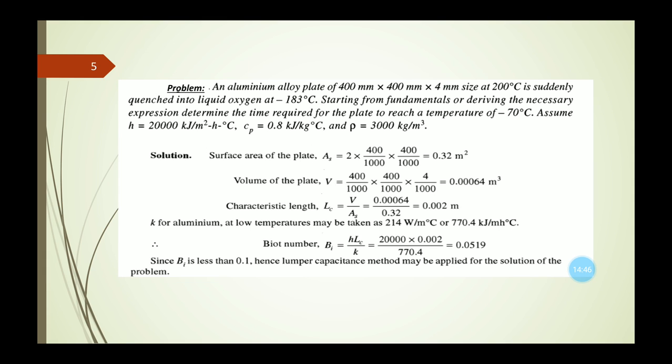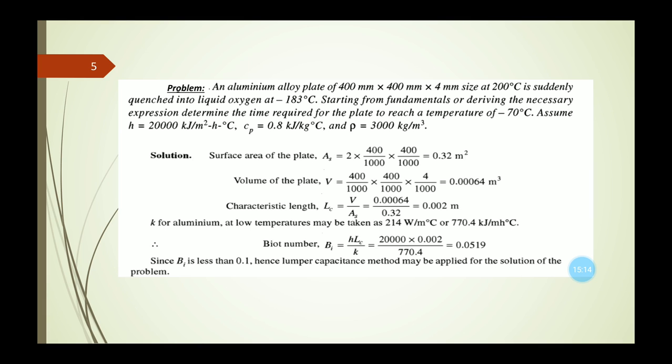Let us discuss this third numerical. What is given here: an aluminum alloy plate of 400 millimeter multiplied by 400 millimeter multiplied by 4 millimeter size at 200 degrees centigrade is suddenly quenched into liquid oxygen at minus 183 degrees centigrade.